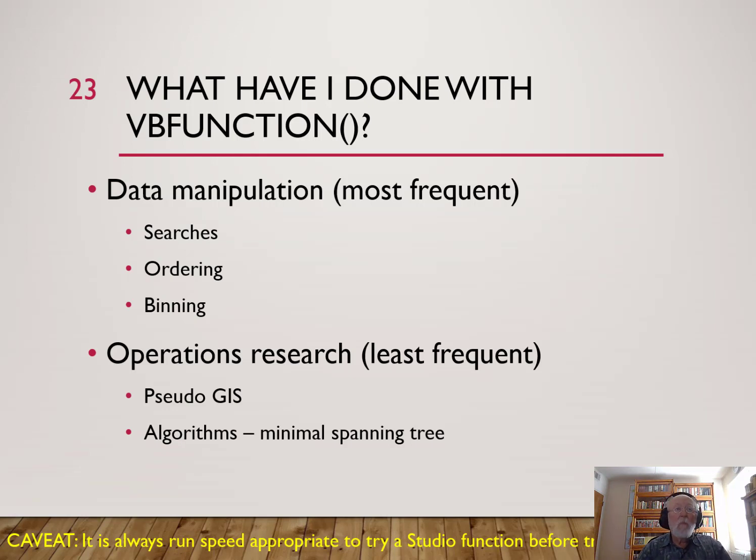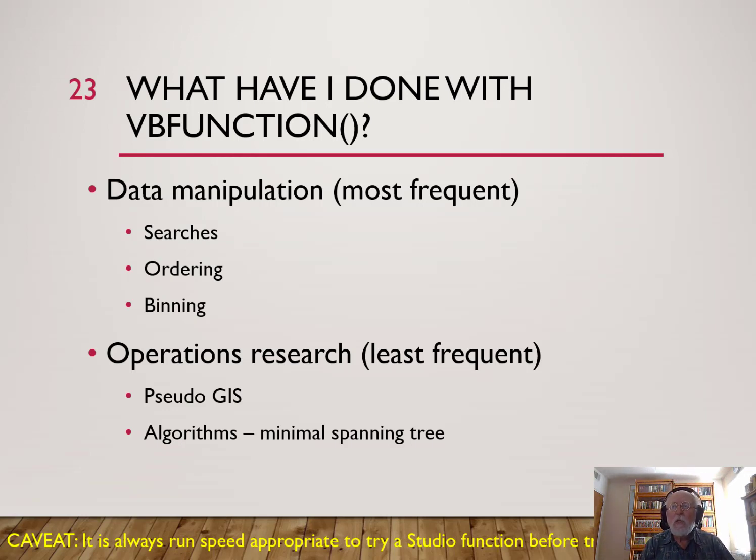Okay? But the important thing is this note at the bottom. It's always run speed appropriate. Try a Studio function first before trying VBFunction. And I have at least one strong memory of me trying to implement a triangular distribution in Studio with VBFunction when one of my colleagues walked in my office, looked over my shoulder, and said, "Why are you doing that?"